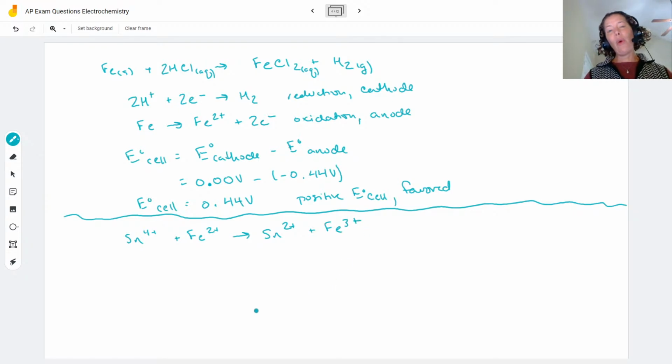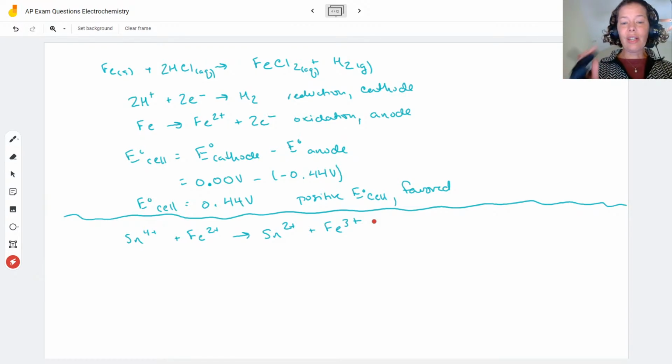All right, now what might not be so obvious here is while our atoms are balanced, our charges are not balanced. So this is not a balanced chemical equation, or I should say it's not completely balanced. So when you have a balanced chemical equation, not only are your atoms balanced, but your charges are balanced as well. So we need to balance our charges here, but thankfully this is really not very difficult.